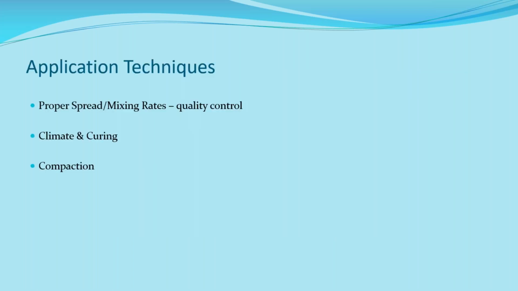So whatever type of application you're going to use, make sure that you have some quality control, make sure you're applying it correctly, making sure that if you're supposed to mix it, you're getting the right mixture or that you have the right moisture in the roadway. Make sure that you have good weather when you're going to be doing this type of activity.